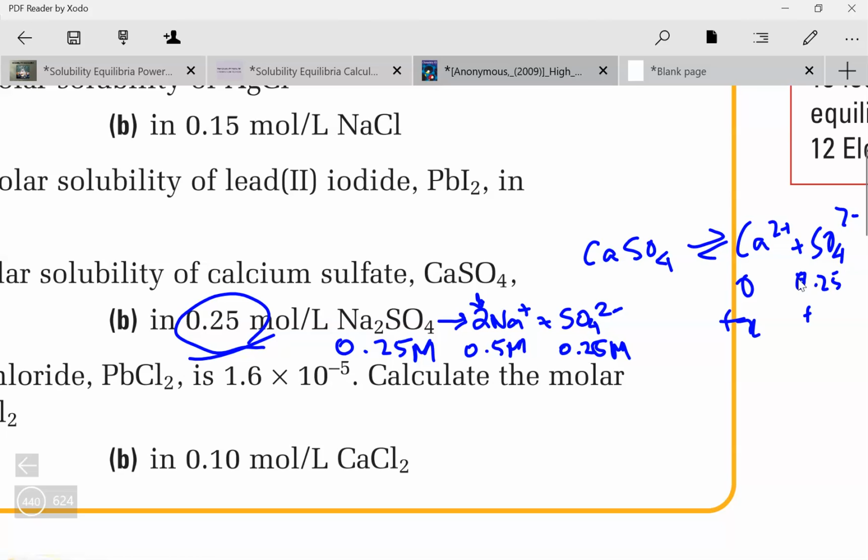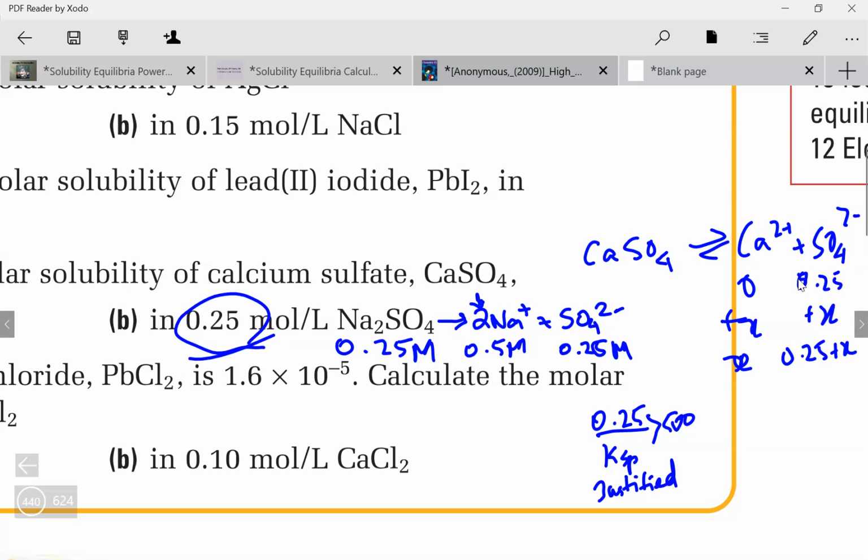Plus x, x, 0.25 plus x. Ksp of calcium sulfate was 4.93 times 10 to the power of negative 5. So 0.25 divided by Ksp is greater than 500. Justified.